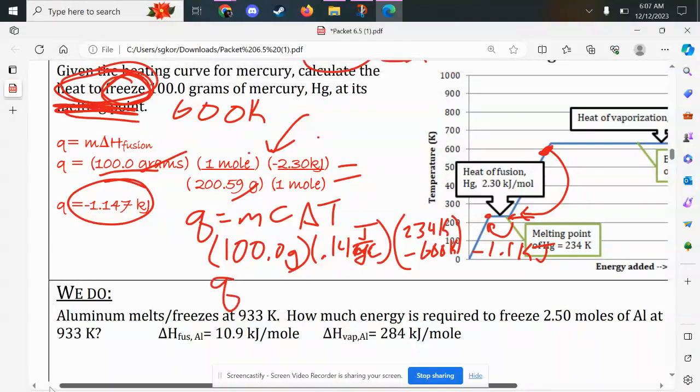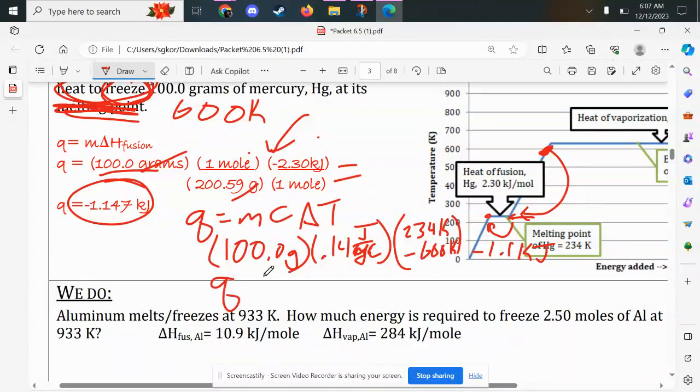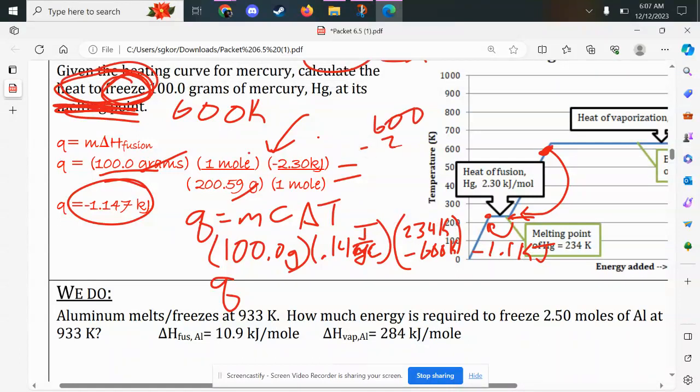So Q here times 0.14 times whatever this difference is. Hey, fun fact, if it's easier for you to do big minus small, that's totally fine. I do it all the time, but you have to make sure you flip the sign to negative after.